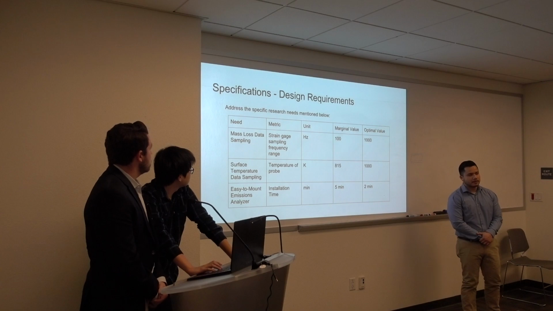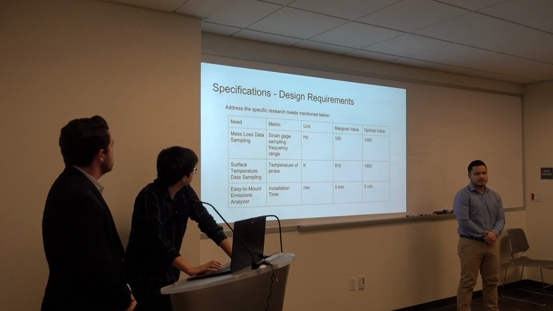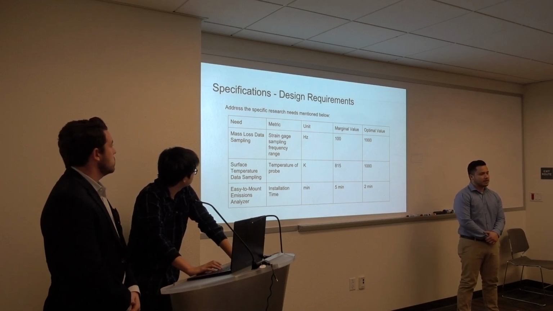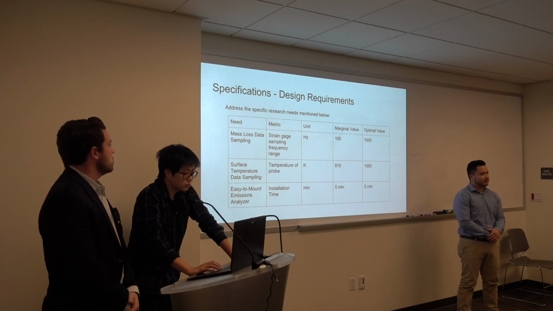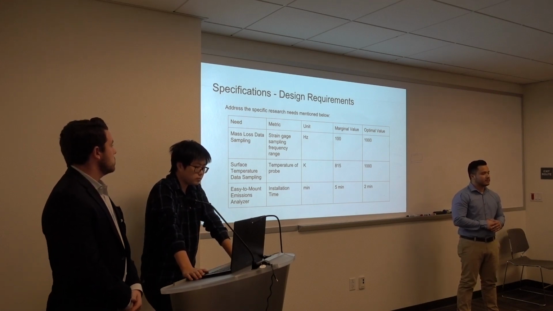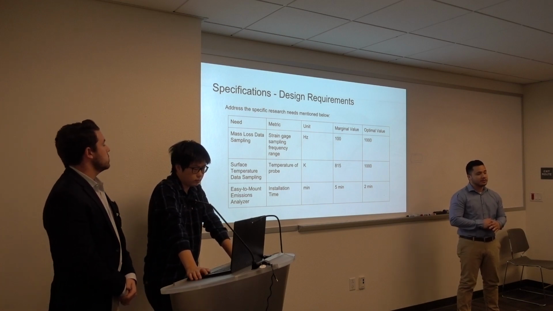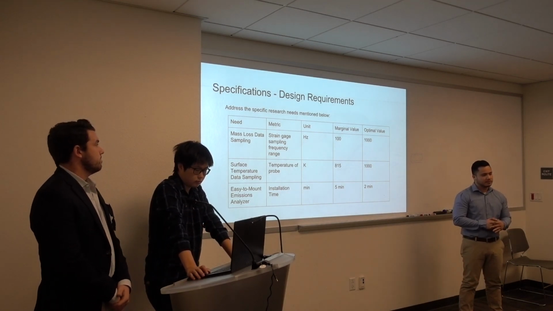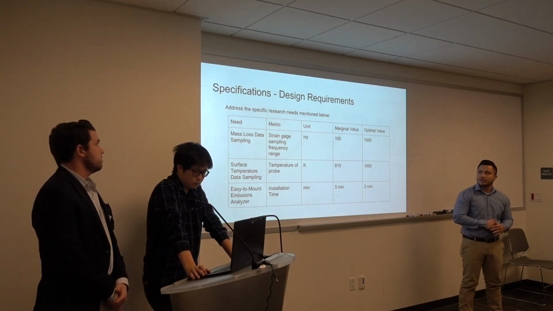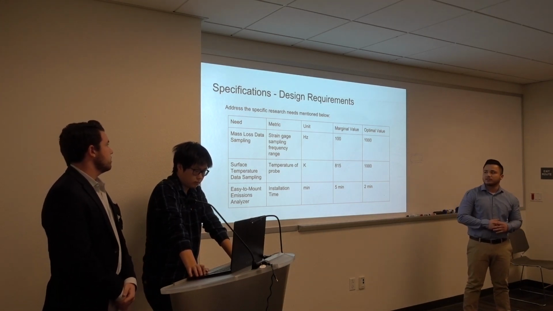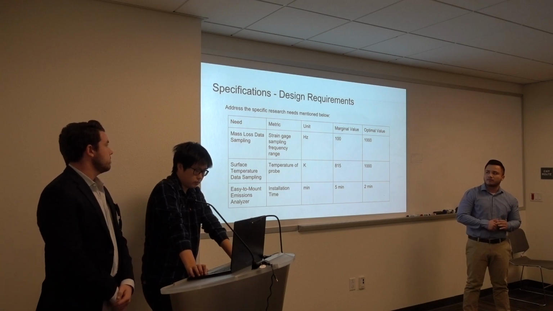Just to reiterate what my colleagues have presented, the goal of our project is to analyze the efficiency of methane hydrate combustion. As they said, it hasn't been done before, so we had to tailor our specifications to the needs of the researchers to essentially build them a research tool. As you can see in the specifications chart, we have determined 3 major necessity requirements.